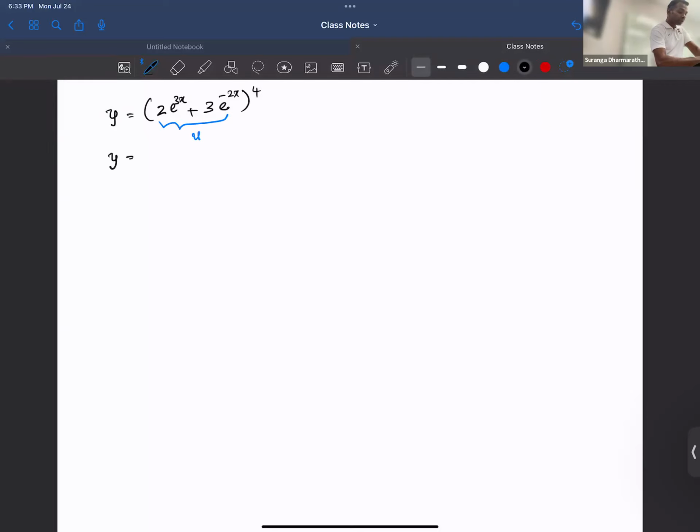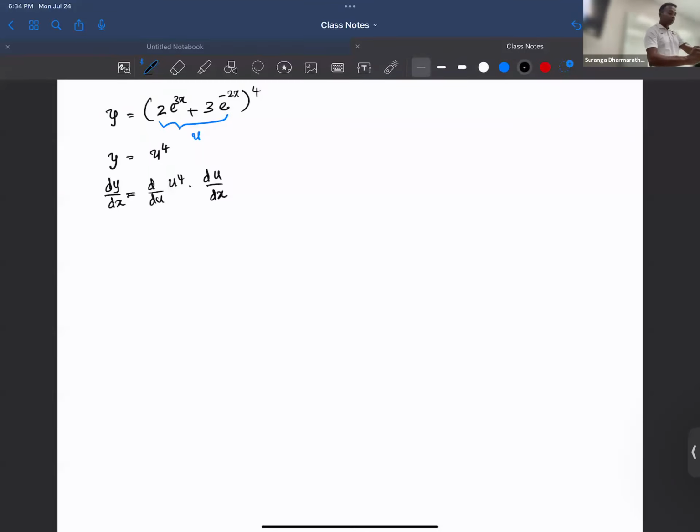Then what is it? Why is this easy? So you have u to the power 4, right? Now you can directly find dy over dx, which is equal to d over du of u to the power 4 times du over dx.